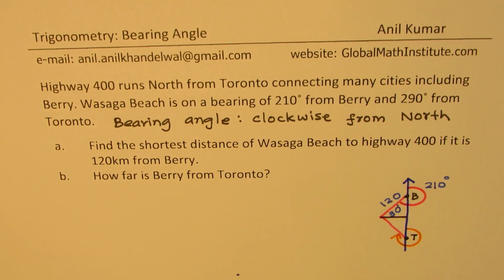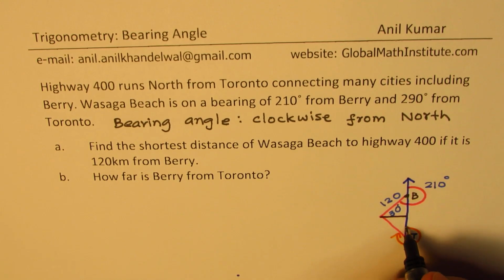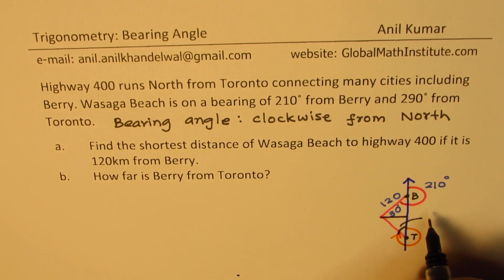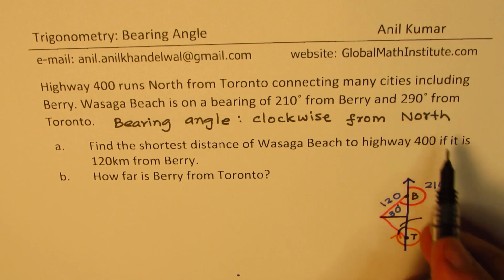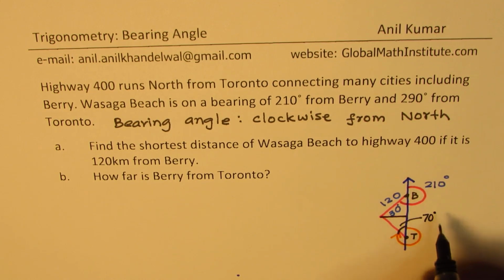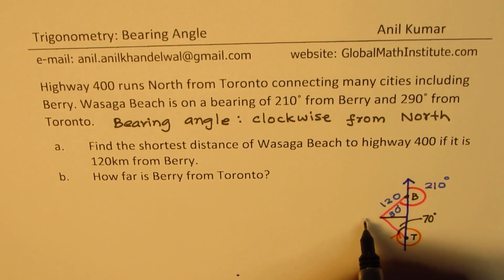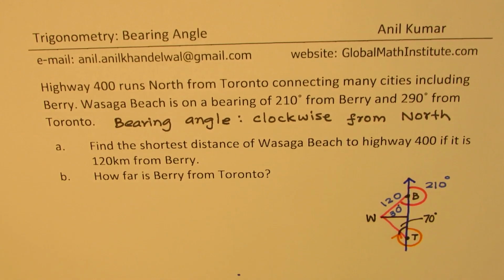Something like this. So this angle here will be 360 minus 290, which is 70 degrees. So that is how we can find that angle. This diagram is really very small, but anyway, let's label this as Wasaga Beach W. And now we do have a diagram to work with.